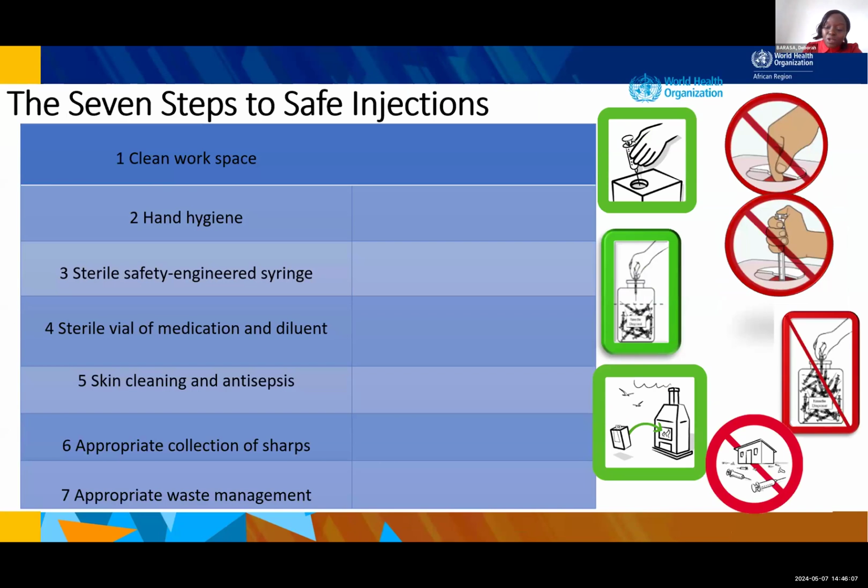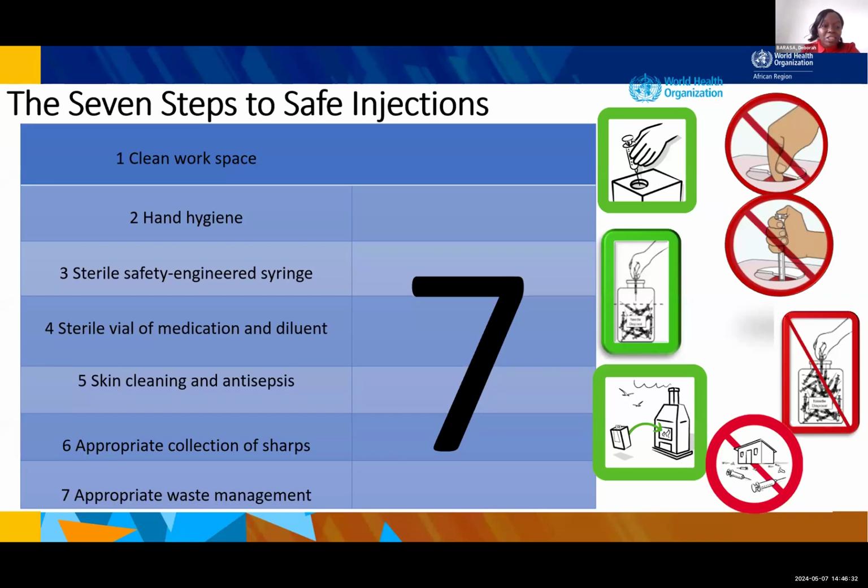Again, another thing we need to be passionate about as health workers is the 7 steps to safe injections. As we have said, monkeypox can affect even people who are co-infected with hepatitis B, HIV, among others, and also there are concerns of needle stick injury. So we need to ensure we have safe injection practices within the facility. So cleaning, we need to work on a clean workplace.